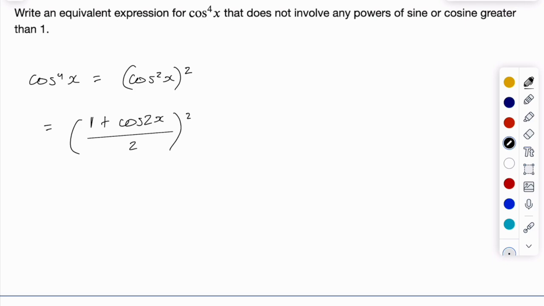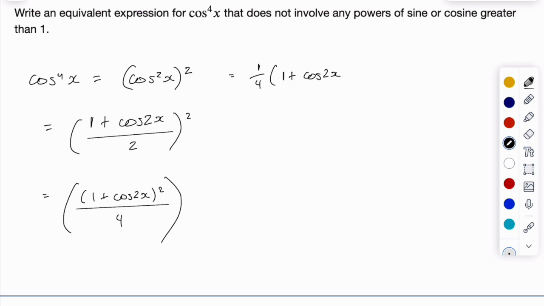This is equal to 1 plus cos 2x squared over 4, which gives me a quarter of 1 plus cos 2x squared, which gives me a quarter of 1 plus 2 cos 2x plus cos squared 2x.